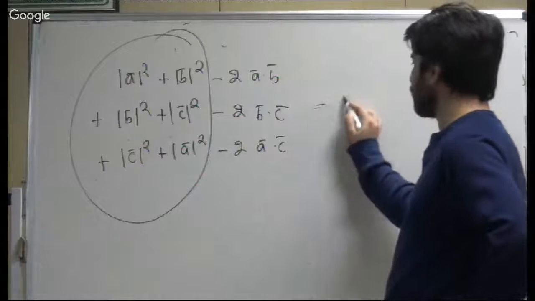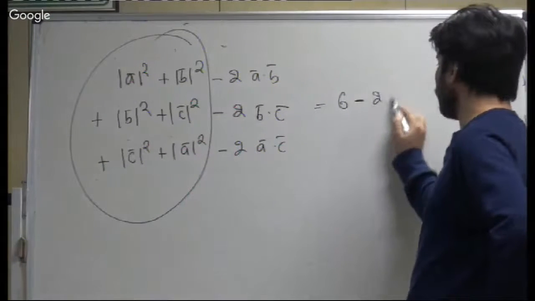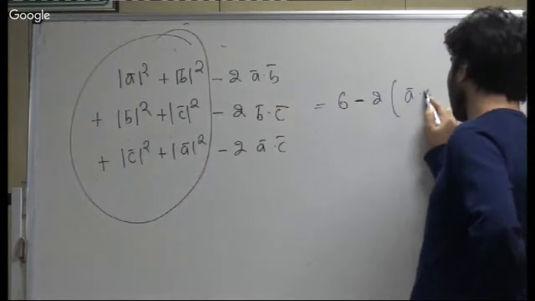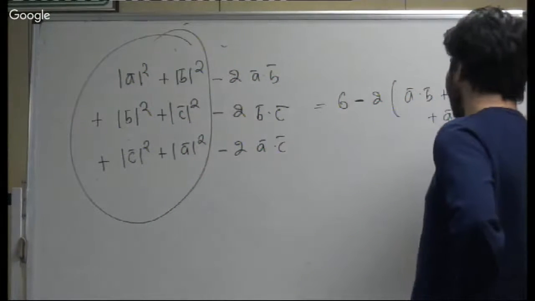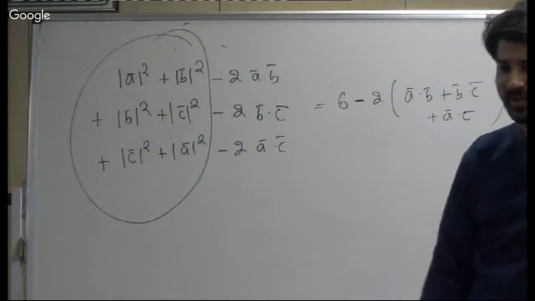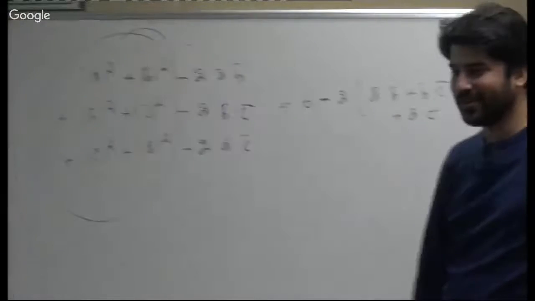So how did 4 come? 6 minus 2 of (A dot B plus B dot C plus A dot C). So you said that, okay, this is 1. Why will it be 1?